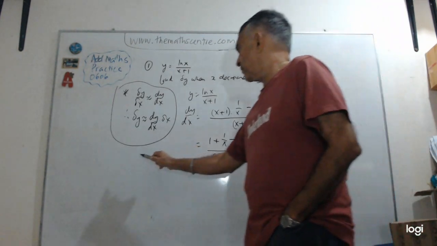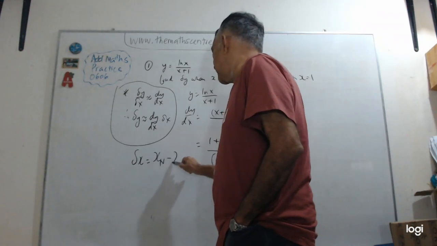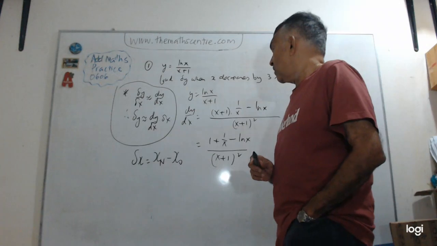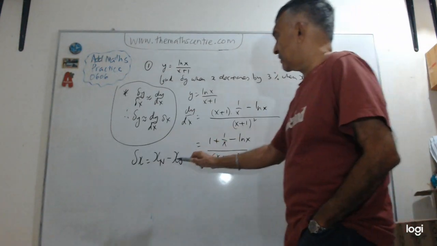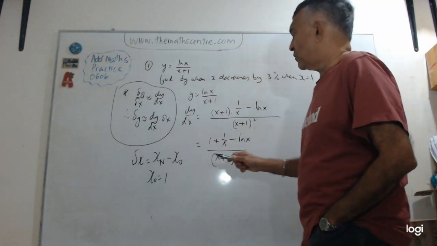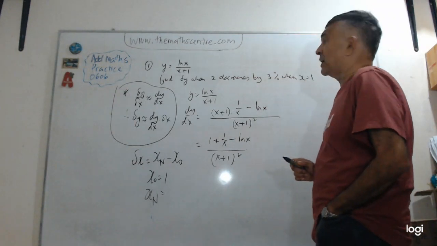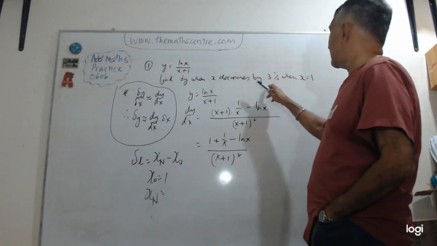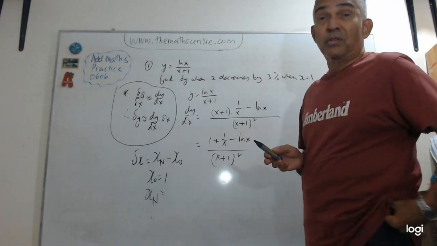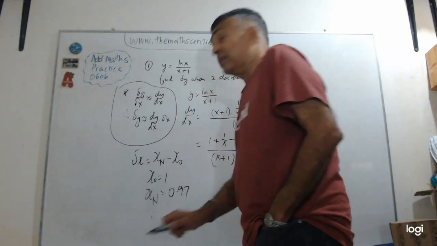What is delta x? Delta x is the new x minus the old x. The old x is 1, and what's the new x? Well, they say that x decreases by 3%, so which means it's 0.03 of 1. Your new value of x must be 0.97.